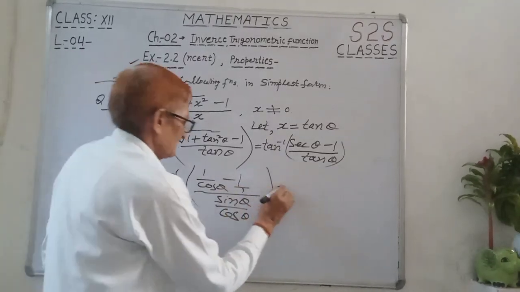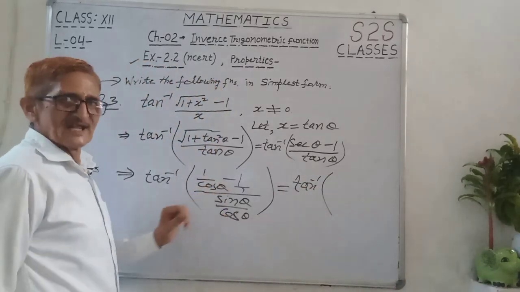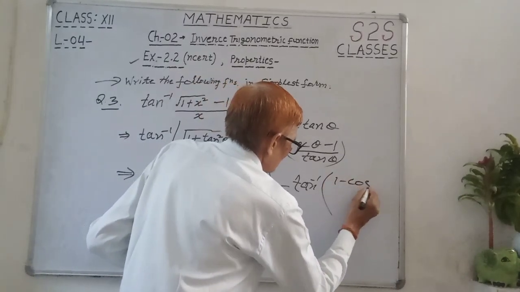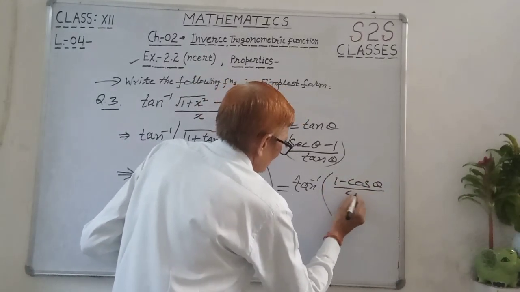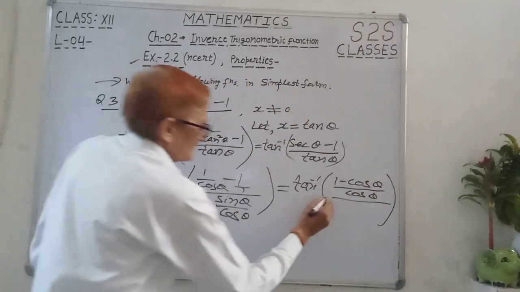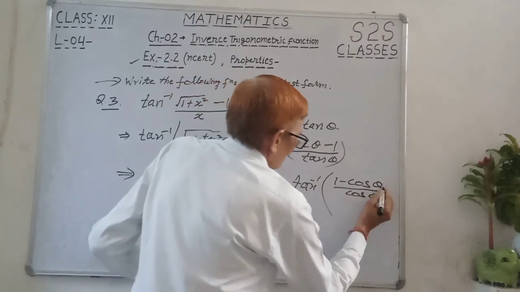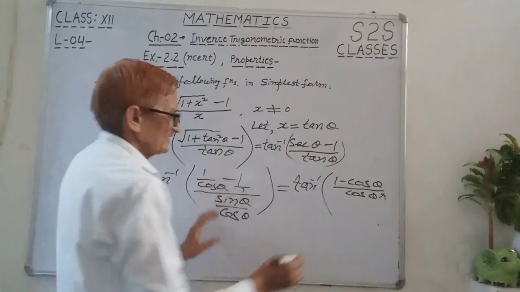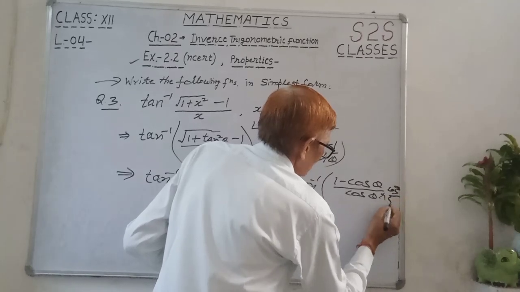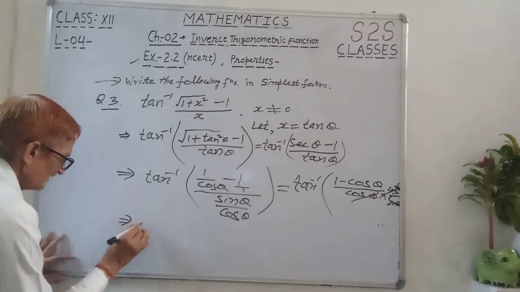In the numerator take LCM and simplify: 1 minus cos theta upon cos theta, divided by sin theta upon cos theta. Then take the reciprocal and multiply by cos theta upon sin theta. Cos theta cancels out.